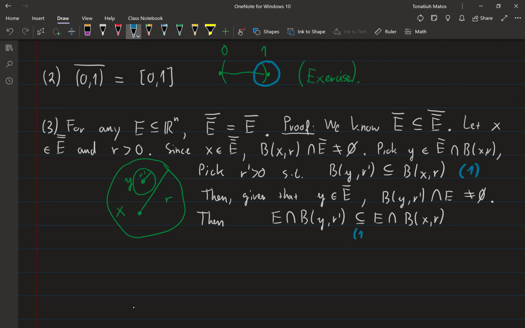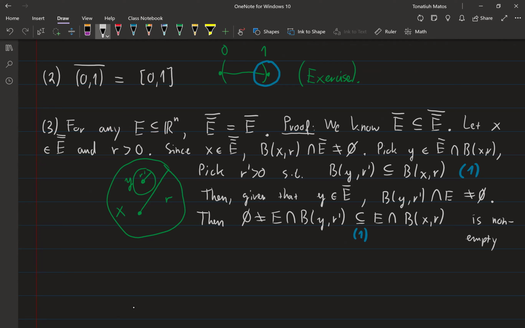So this inclusion is because of that inclusion. So if this is non-empty, well, then this one is non-empty because it contains something non-empty, so it contains some point.